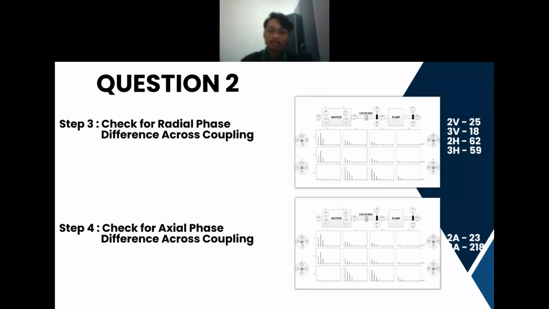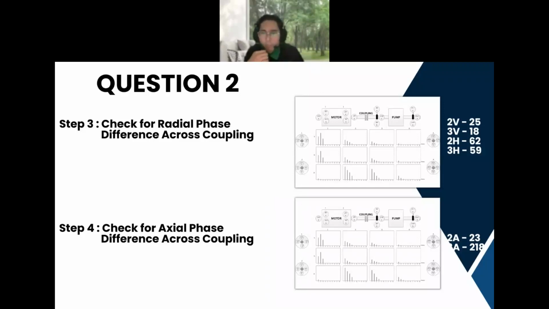Do you think this is correct? Yes, it is 7. And maybe we can also check the horizontal at point 2 and point 3. For 2H it is 62 and 3H is 59. So the phase difference is 3. And if I'm not mistaken, it is still in phase, where the criteria is plus minus 30.